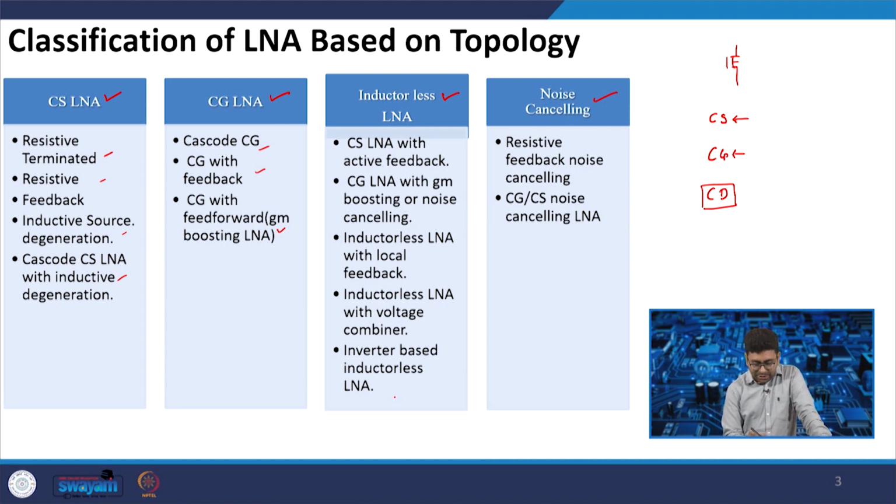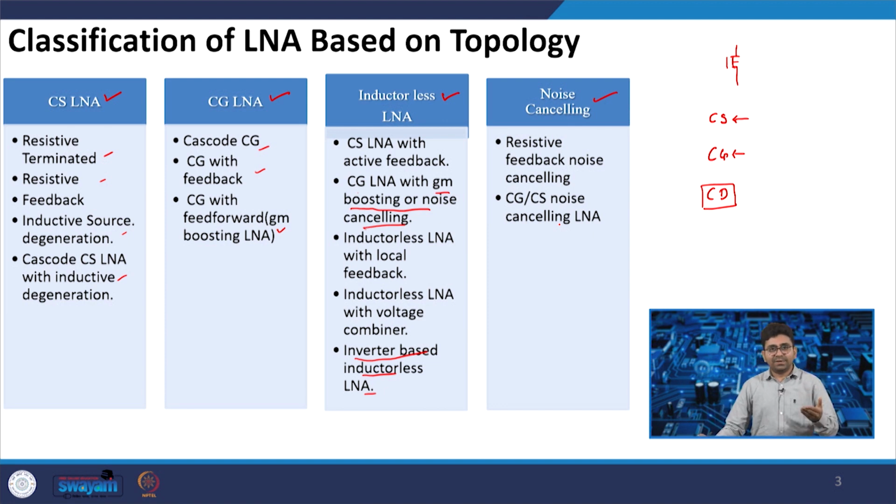The main advantage is the common gate LNA with the gm boosting technique. This is a widely used noise cancellation technique, and inverter based inductorless LNAs are also possible. In noise cancelling, we will discuss resistive feedback noise cancelling and common gate common source noise cancelling LNA.